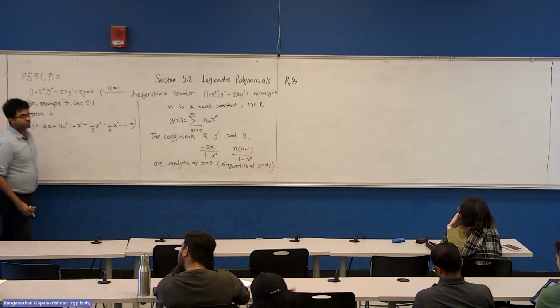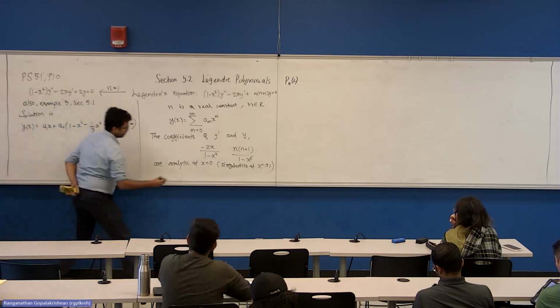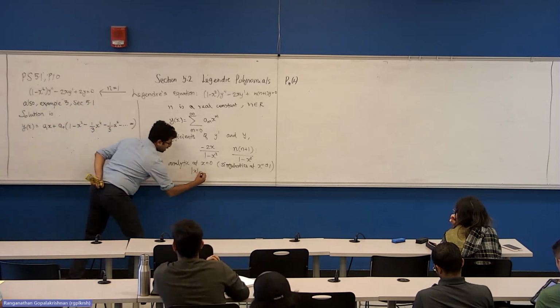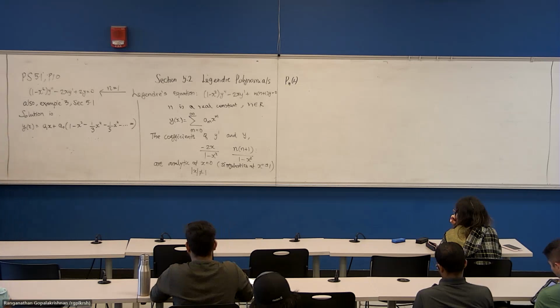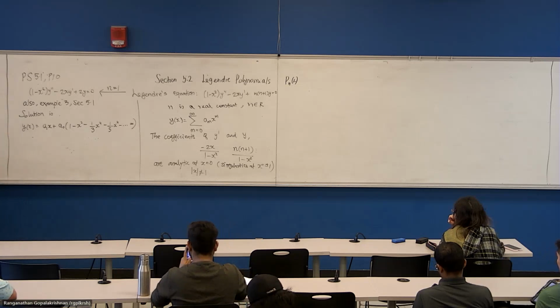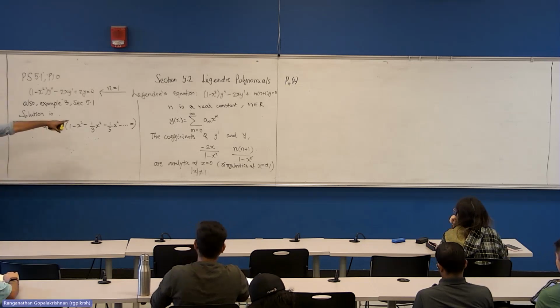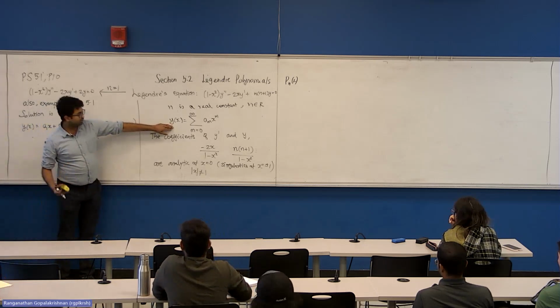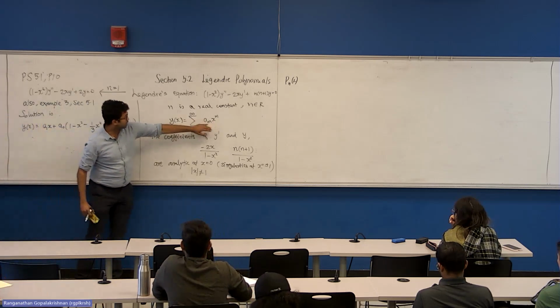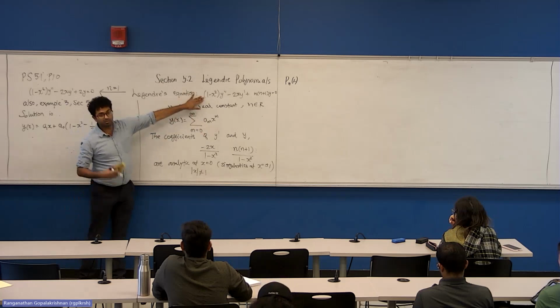So we'll seek solutions, but we will ensure that x does not take the value 1, either plus 1 or minus 1. So as far as x equal to 0 is concerned, this is a valid representation of the solution, because if you put x equal to 0, this ODE does not blow up, or the coefficients do not become infinity.